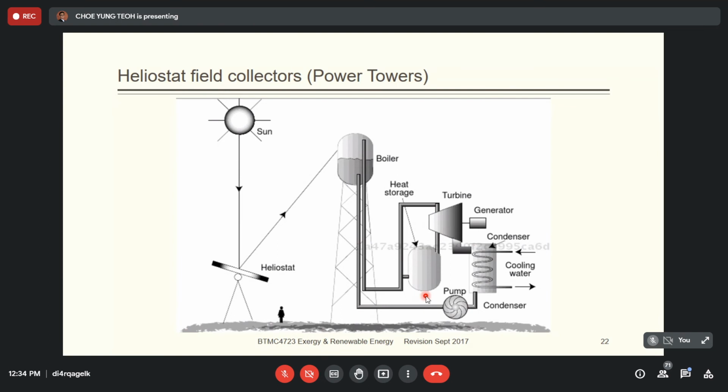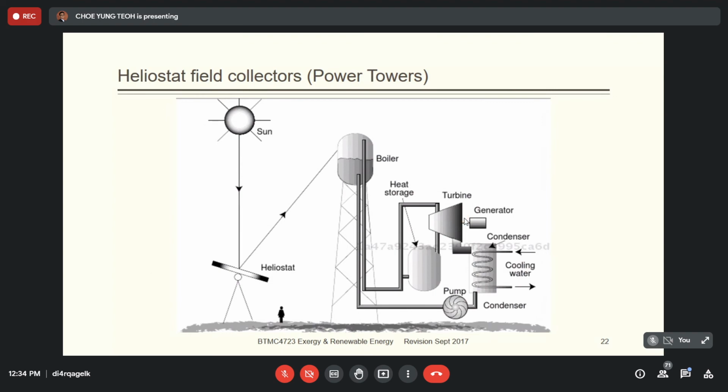But they store it as heat, so they need very good insulation, and the fluid inside must have very good thermal capacity, so they use molten salt, much better than water. The concept behind is still the same: turbine, generator, and condenser. Condenser actually is part of the cooling tower. It's to cool down the steam into liquid form and then pump back to the system.